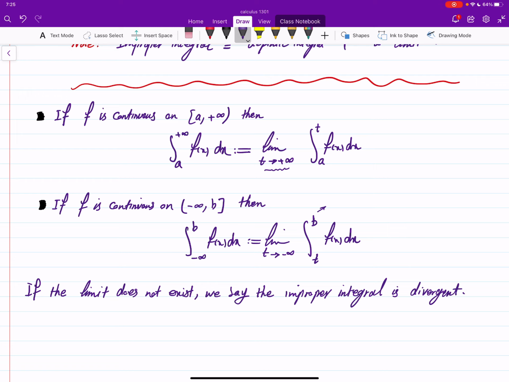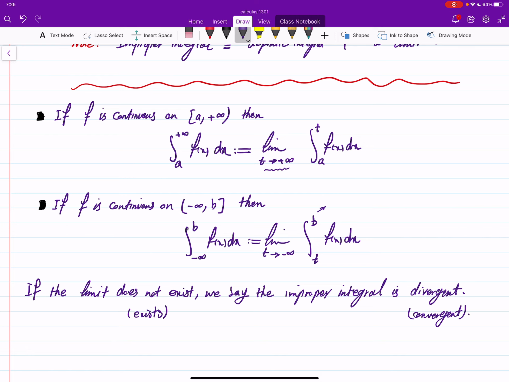If the limit exists, the value is there, and we call it convergent. So if the limit exists here, then we call it convergent, and the value is the value of the limit.